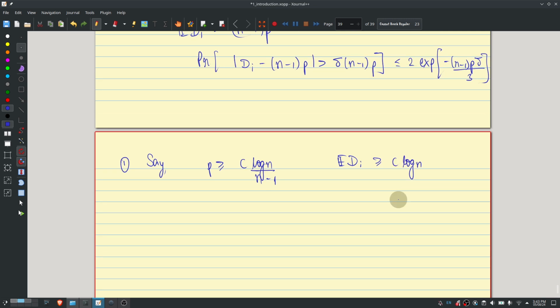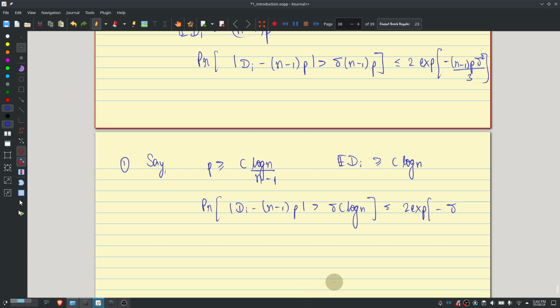So this says that the probability that the degree minus n minus 1 times p is greater than delta times c log n is at most 2 times e raised to minus, I'm sorry, it should be delta square c log n divided by 3.